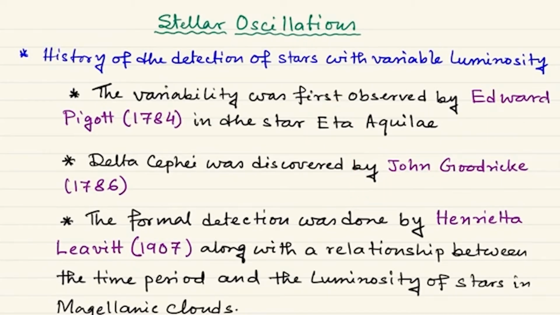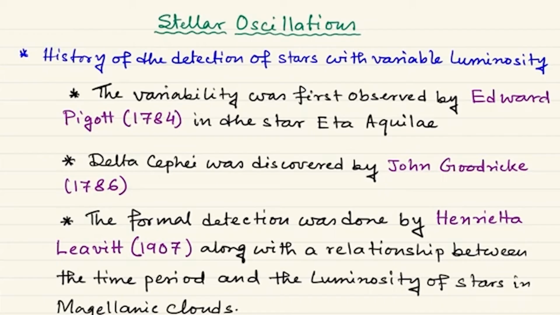The member stars of a multiple star system are named by Greek letters like alpha, beta, delta, and most multiple systems are named like that. Pigott observed a variability in the star which was the Eta of that family.